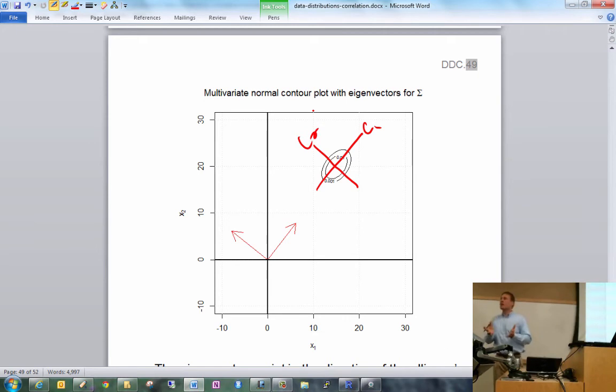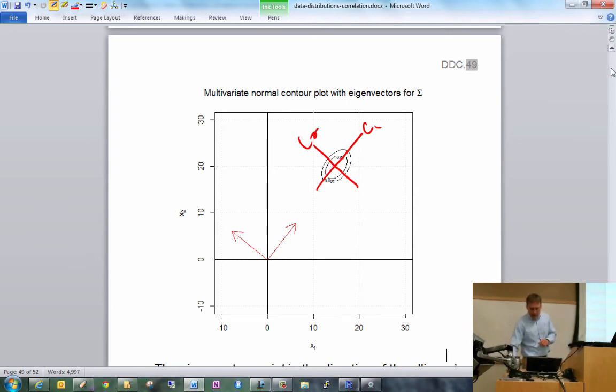The smallest amount of variability is in the C2 direction. The first eigenvector always points in the direction of the largest variability. The second eigenvector will point in the direction of the lesser amount of variability. Again, that's for a bivariate. We'll discuss very shortly what happens when you have a trivariate or higher dimension normal distribution.